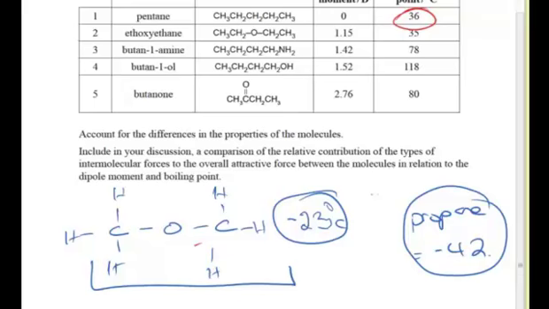Obviously, propane is significantly lower, even though it's fairly similar in terms of molar mass, etc. The main difference between these two, obviously, is that this has got an oxygen that does create a permanent dipole. There is an actual dipole present, and that would mean it would have a stronger ability to bond. However, with ethoxyethane or diethyl ether, the difference between this and pentane is almost non-existent.